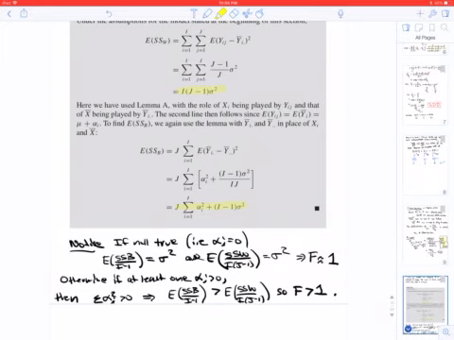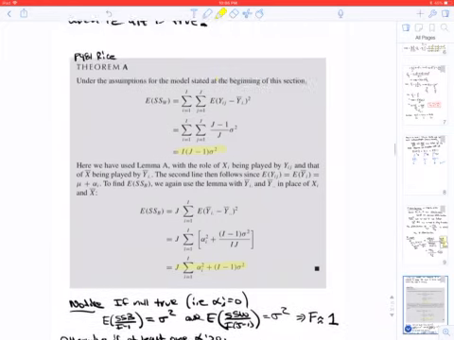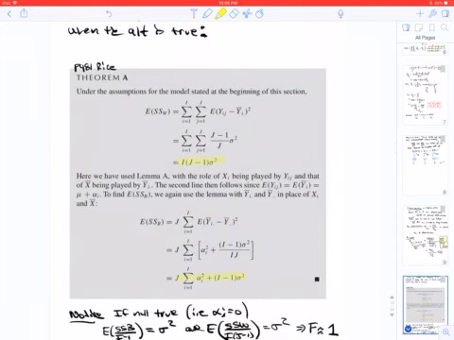However, if the null is not true, then that means that some of your alpha i's are positive, which will make the expected SSB larger. So the expectation of SSB over I minus 1 will be greater than the expectation of SSW over ij minus 1, because the expectation of SSW doesn't have any alpha term in it.